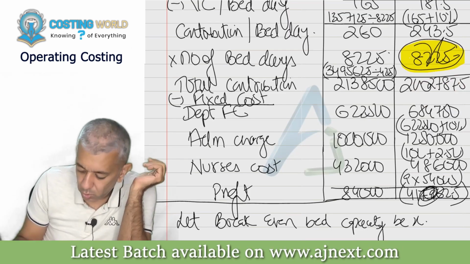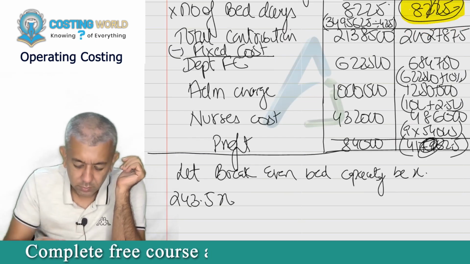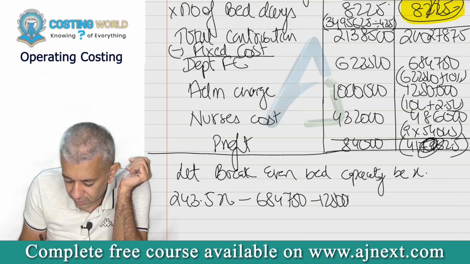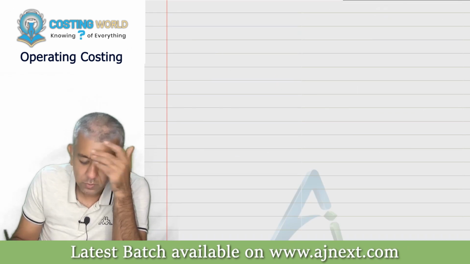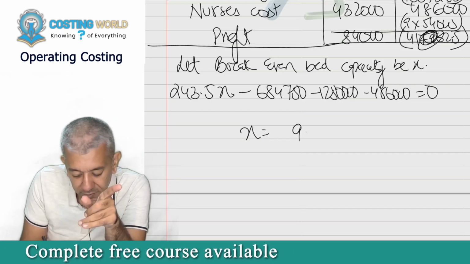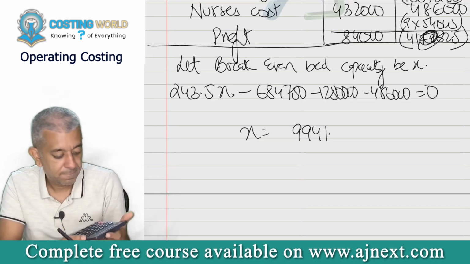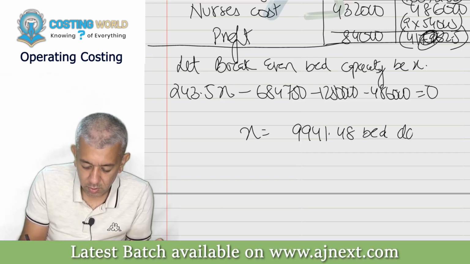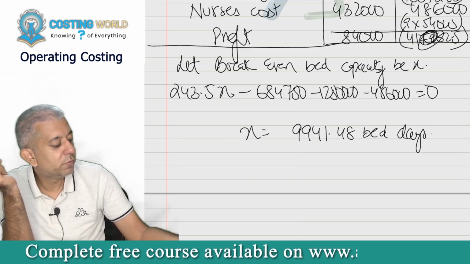So 243.5x minus 684,750 minus 12,50,000 minus 4,86,000 should be equal to 0. Please solve it in a proper way. I am writing the final answer: 9941 point. This will be your answer. 9941.48.